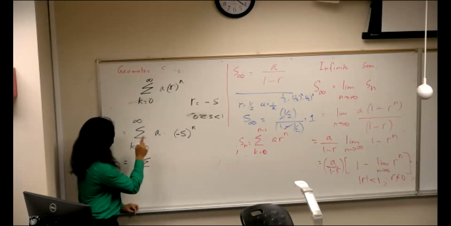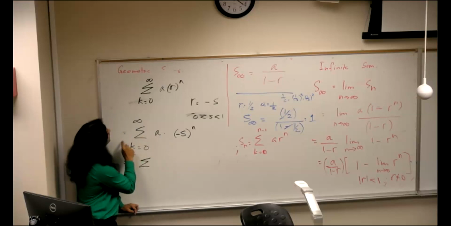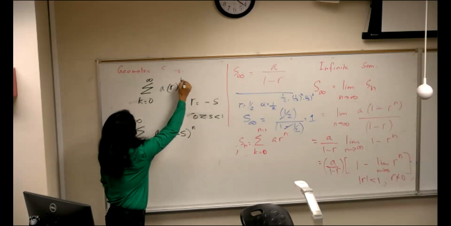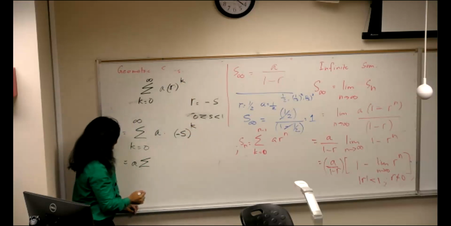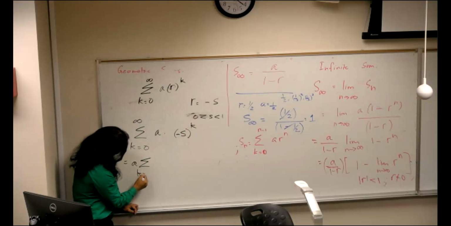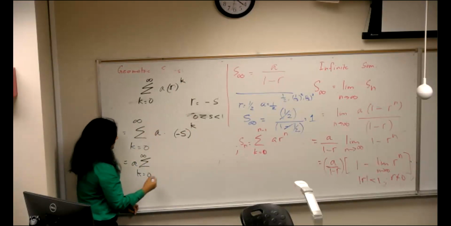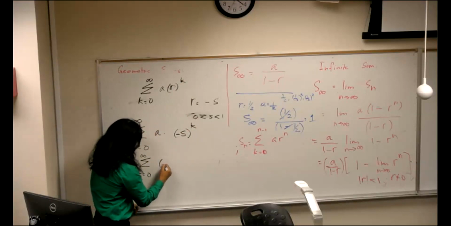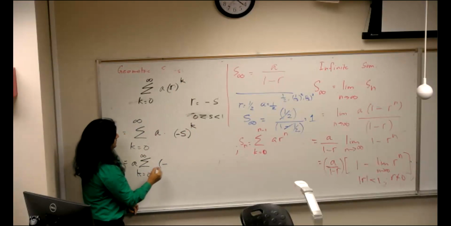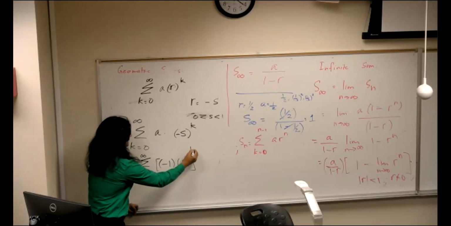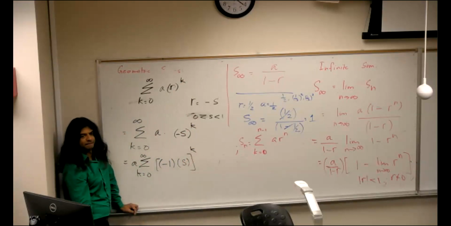Which I can write as, first I'm going to pull A out, so A, or I didn't mean to write n, my bad, it's k, the index is k. From 0 to infinity, infinite series, minus 1 times S raised k, with me? Good.